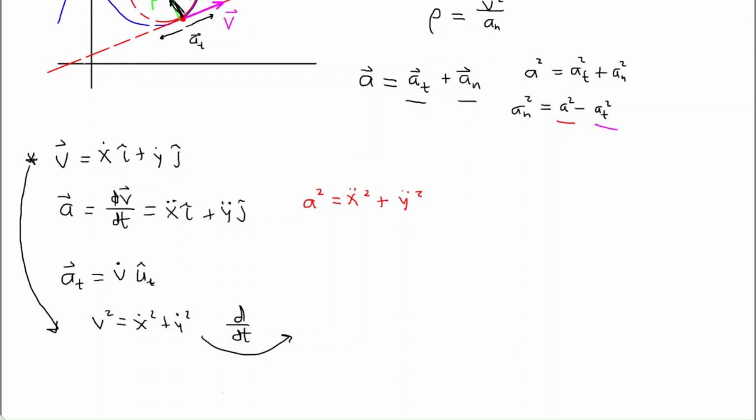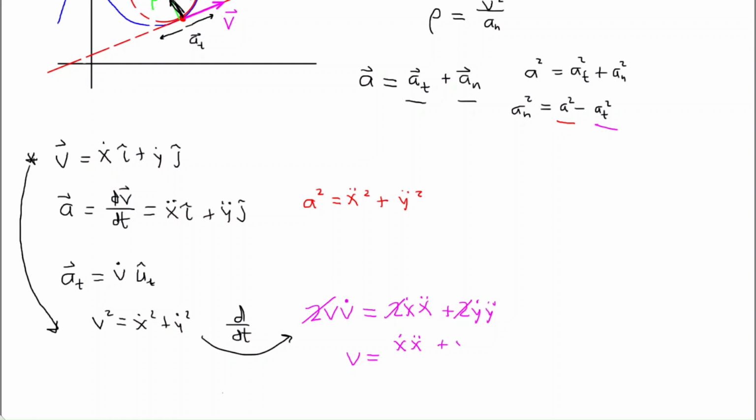We're going to have to use implicit differentiation and the chain rule to keep moving along, but it's certainly something you probably know how to do. So we get 2v dot equals 2x dot, and then the derivative by the chain rule is x double dot, and likewise for the y variable here. We get these 2's to very nicely cancel out. Solve for v dot.